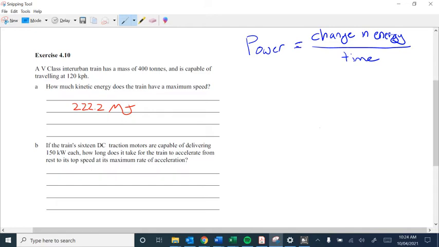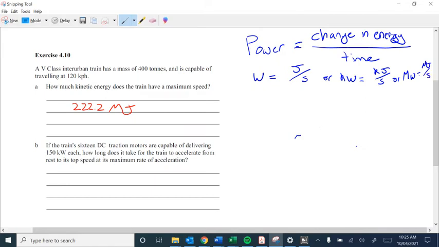Change in energy should be in joules or megajoules or kilojoules, and time should be in seconds. Whatever prefix you use for your energy, you should also use for power. So it can be watts equal to joules divided by seconds, or kilowatts equal kilojoules per second, or megawatts equal megajoules per second.